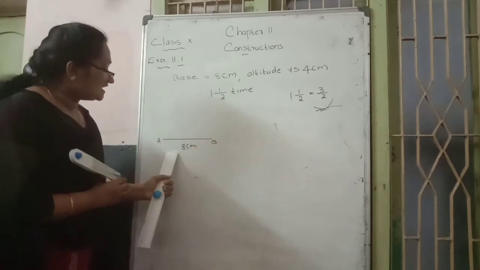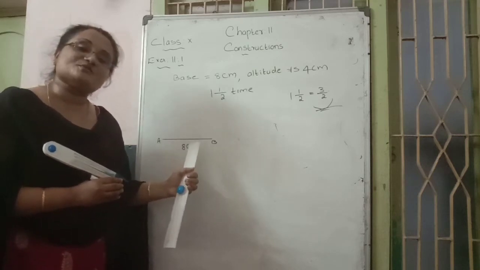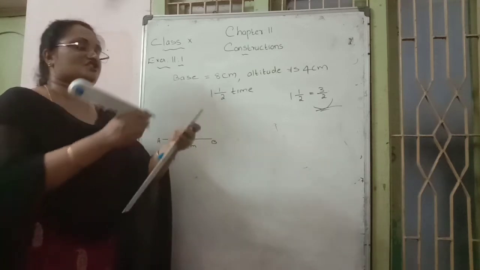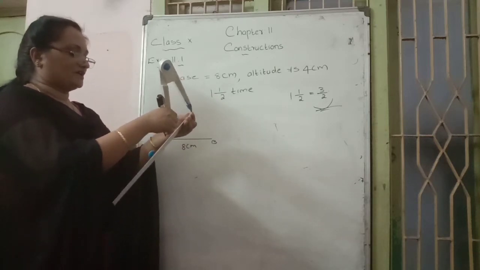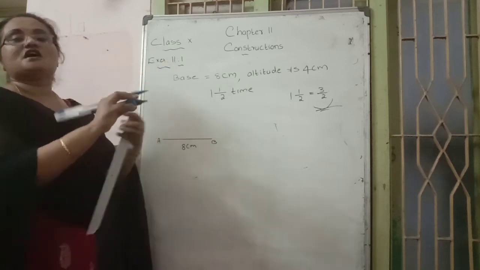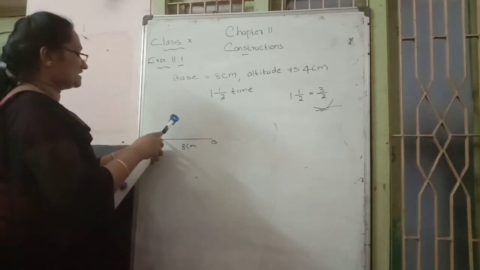Here the AB side measurement is how much? 8. Half of 8 becomes how much? 4. More than half: 4.5 or 5 centimeter. Take it in a compass and draw the perpendicular bisector. I take 4.5 centimeter, more than half of 8.